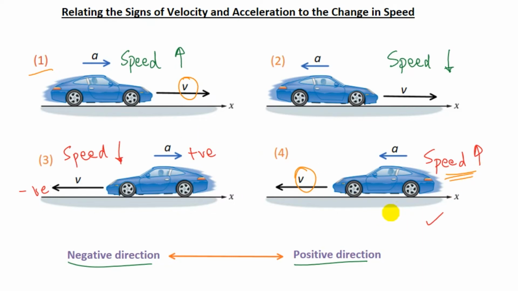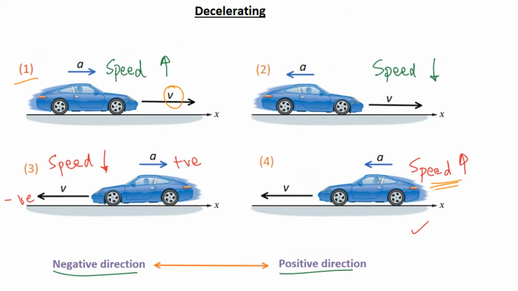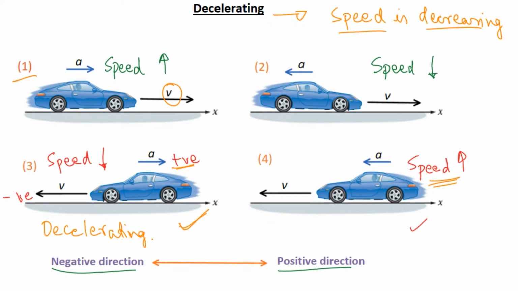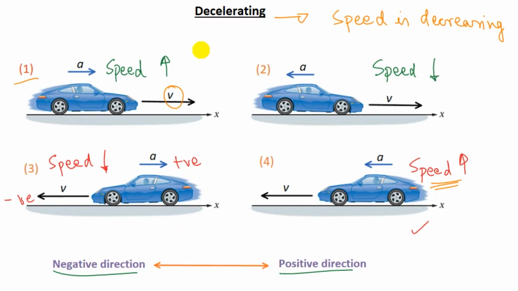Now let's understand one term, which is decelerating. Decelerating simply means that the particle's speed is decreasing. There is a misconception among students that decelerating means negative acceleration. That's not true.